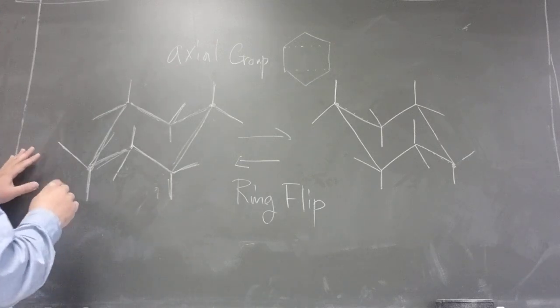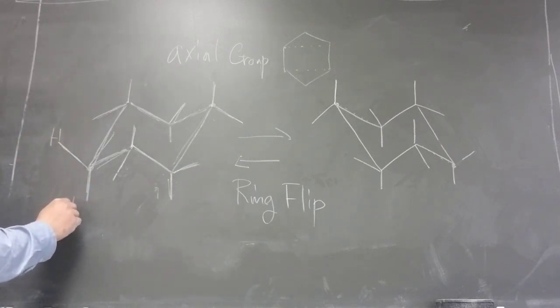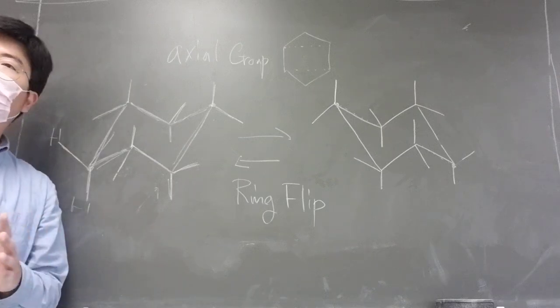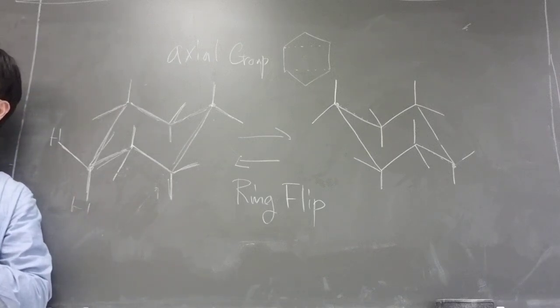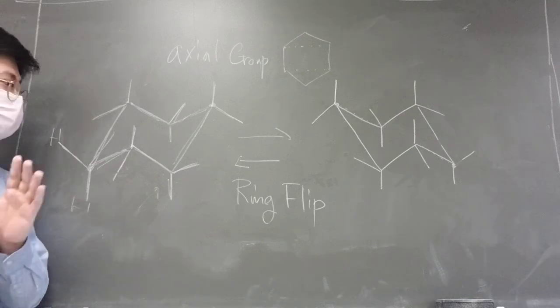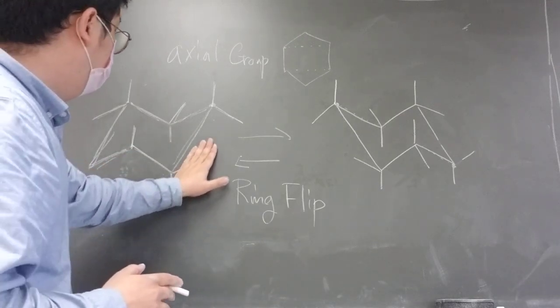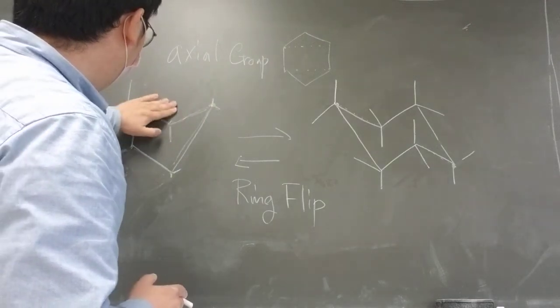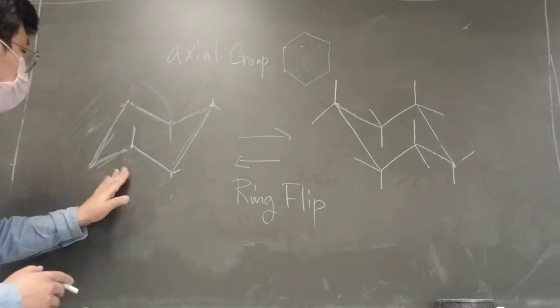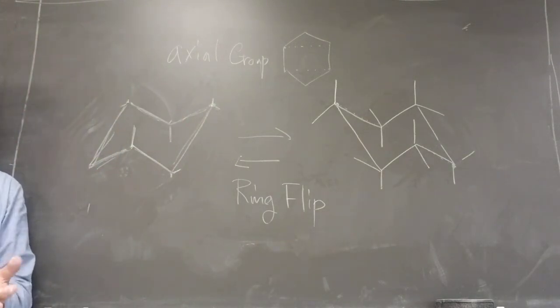Here. So like you mentioned, in skeleton structure, we don't normally put the hydrogen on the structure. So technically, when you draw this cyclohexane in the chair conformation, you don't have to show the groups. That's fine.